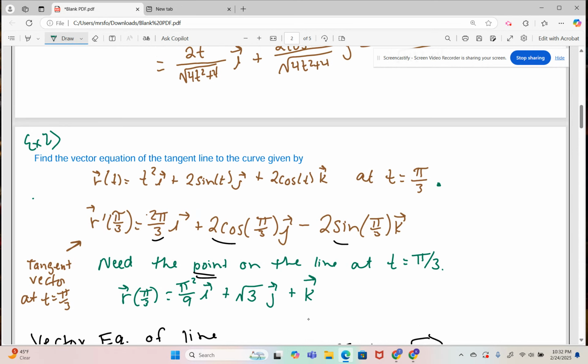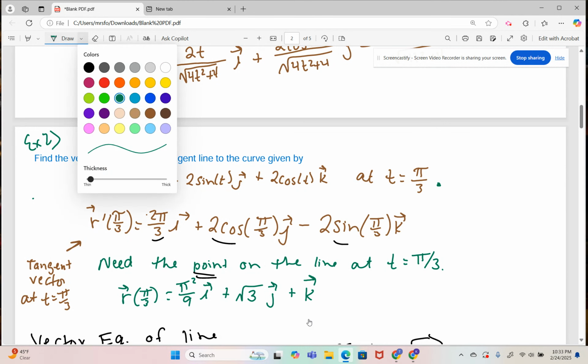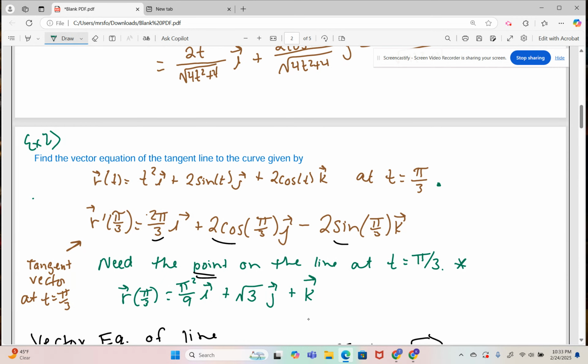So the next thing we had to do was find the point on the line at t equals pi over 3. For this point on the line, we use vector r of t and plug in pi over 3. So pi over 3 squared is pi squared over 9.